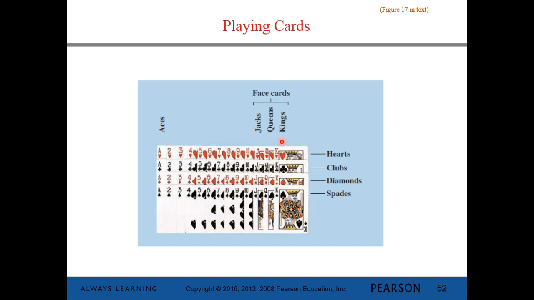And then we have the face cards, which is Jack, Queen, and King. And then you have 4 suits. The suits are the hearts, clubs, diamonds, and spades. You also have black cards, and you have red cards. So that is pretty much all you need to know for a standard deck of cards.